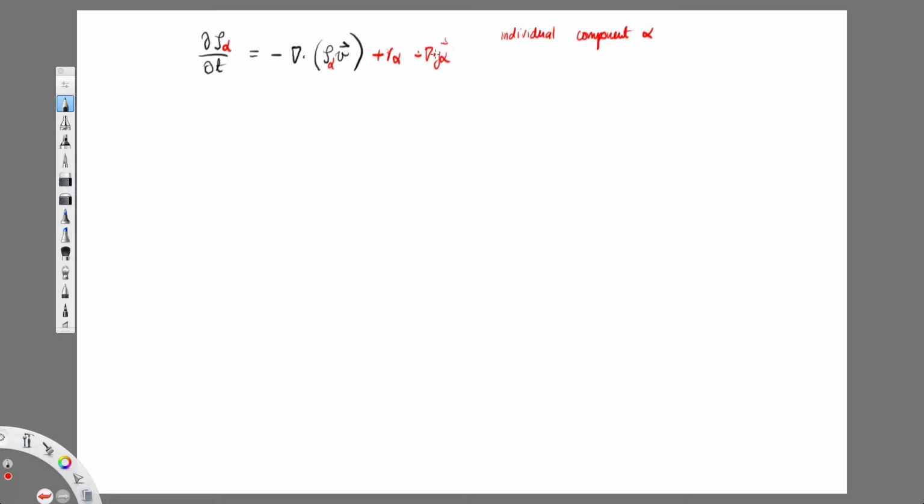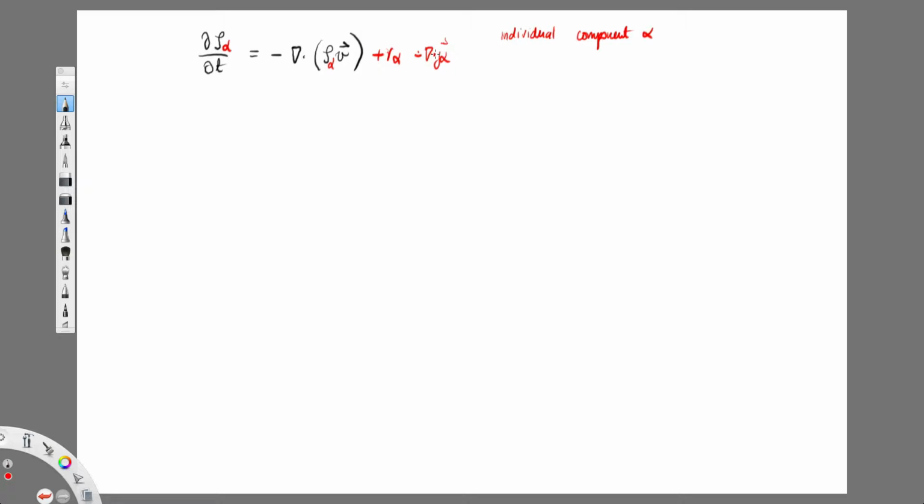So this is something that we stated, and how will I get back to my equation of continuity? This is the equation of continuity for an individual component. I go back to my equation of continuity by summing up all of these equations for all individual alphas, and the fact that all rho alphas sum up to rho helps me out, and also the fact that all J alphas sum up to 0, because I'm looking at things relative to each other.